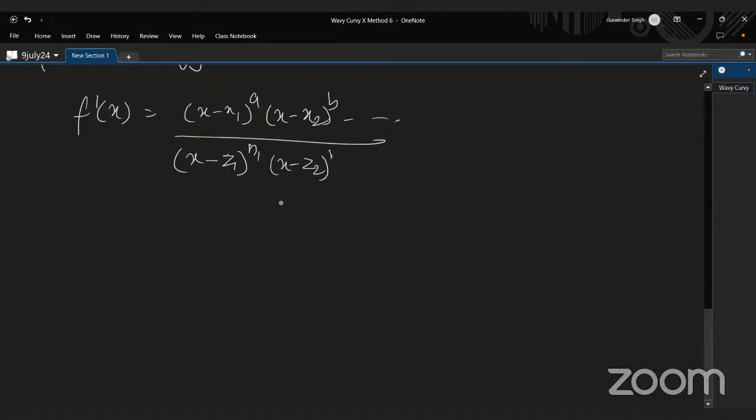Something like this basically. So the question can ask you, in which region is it increasing or decreasing?